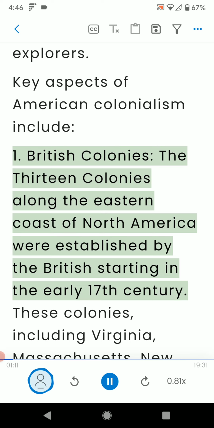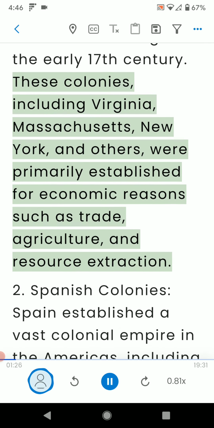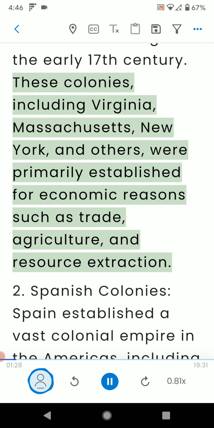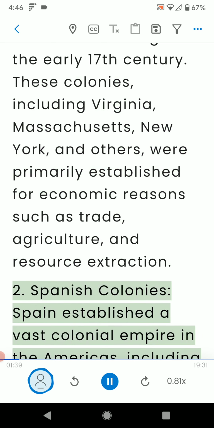1. British colonies. The 13 colonies along the eastern coast of North America were established by the British starting in the early 17th century. These colonies, including Virginia, Massachusetts, New York, and others, were primarily established for economic reasons such as trade, agriculture, and resource extraction. 2.